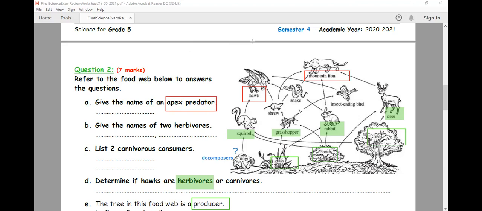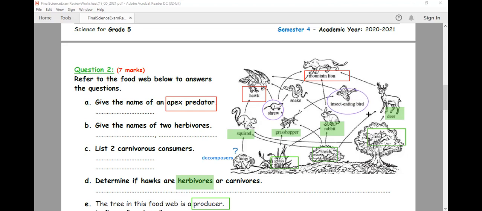Let's look for the other animals. Where are the other carnivorous animals? What about the shrew? Is the shrew carnivore or herbivore? Carnivore. Bravo. Insectivore, it eats grasshopper. The insect eating bird is also a carnivore.